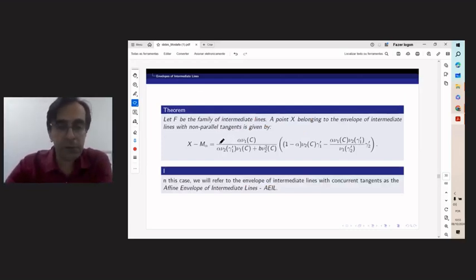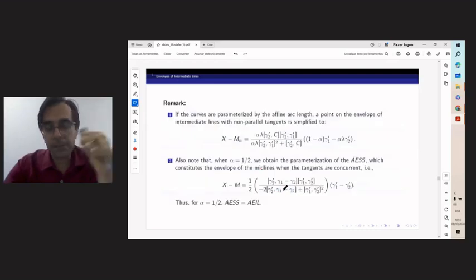This capital X is the envelope of intermediate lines with non-parallel tangents, and it is given by this formula. We call it the affine envelope of intermediate lines, and it is denoted by AEIL.